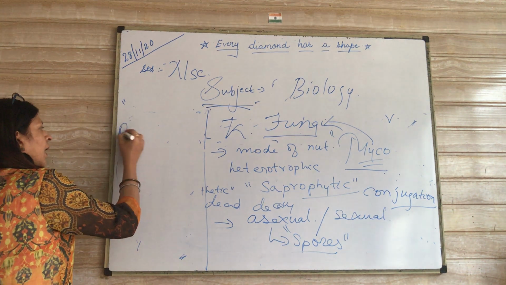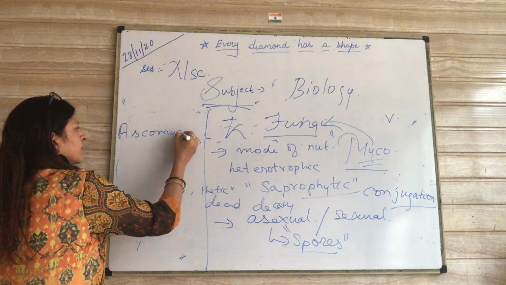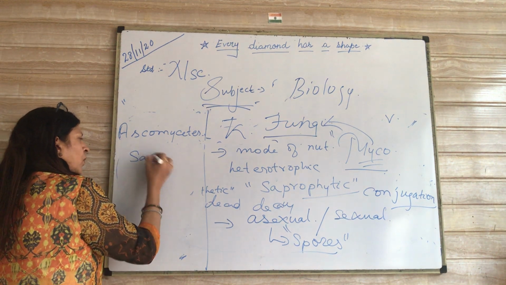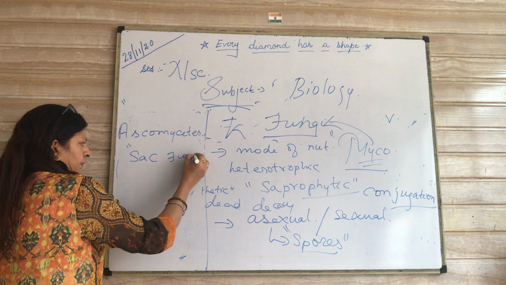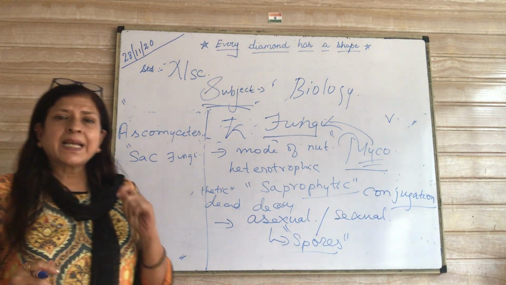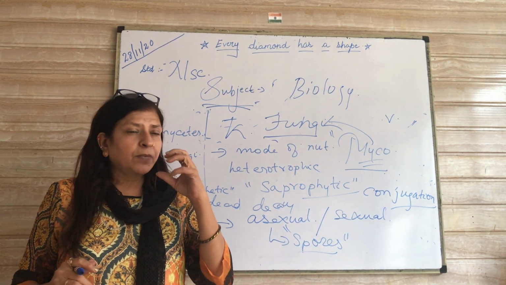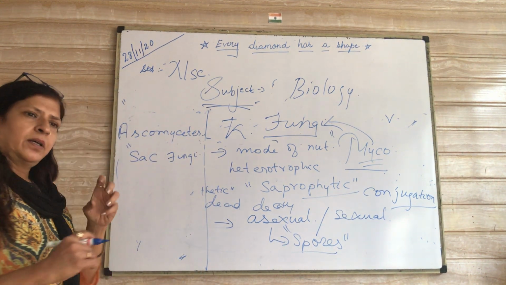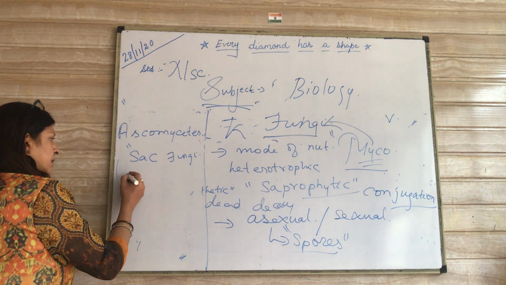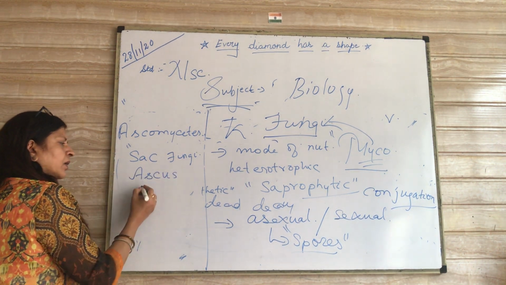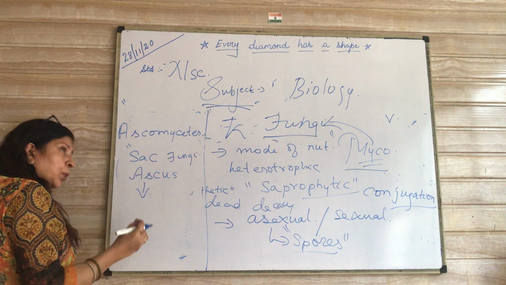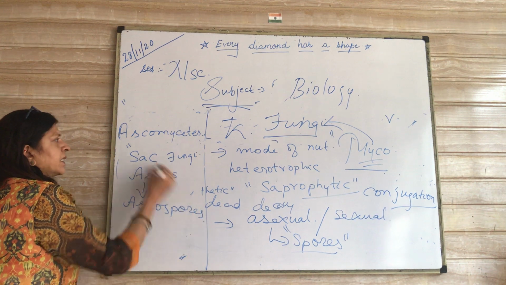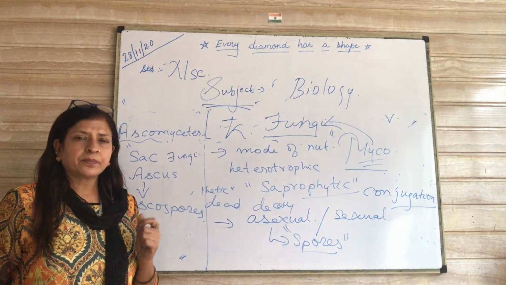The second category I go about is Ascomycetes. This is commonly called sac fungi. The name is due to its structure, a sac-like body called the ascus, which stores ascospores, hence the name Ascomycetes.